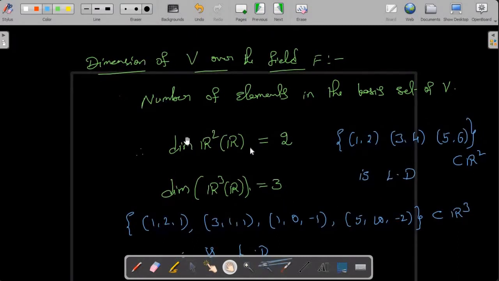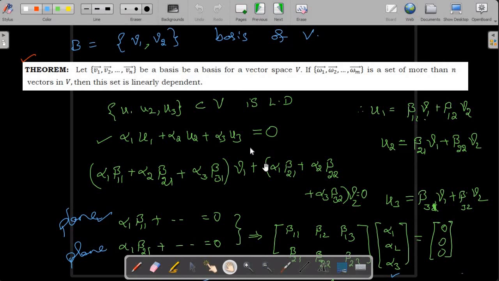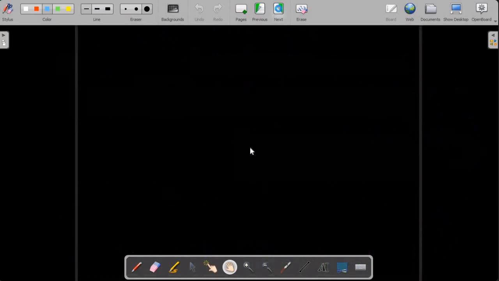Okay. Any linearly independent set can be extended to a basis set. Let me stop the class with that statement.